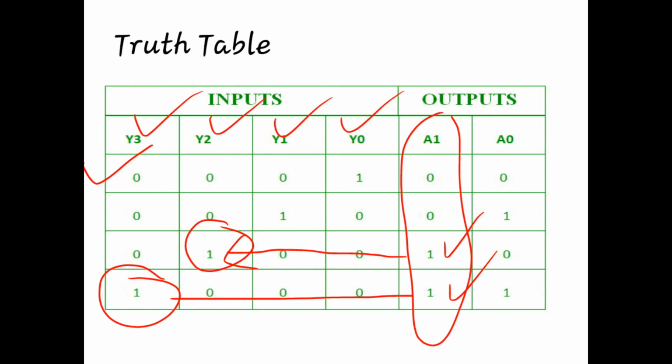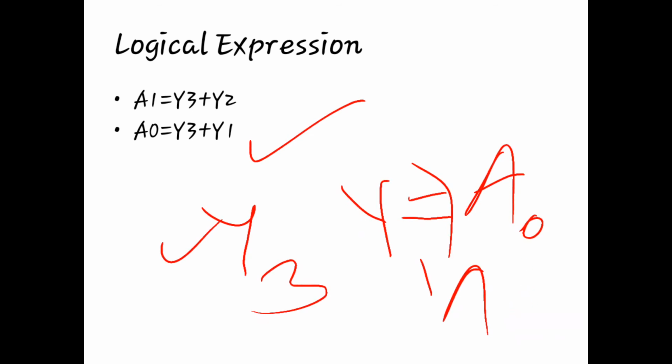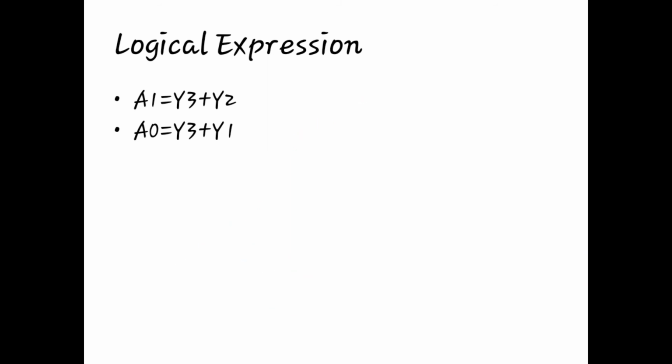So corresponding to these input lines, the expected output A1 is high. Now, just like A0, we can write the Boolean expression for A1. It means that the A1 output variable is based upon y3 and y2.